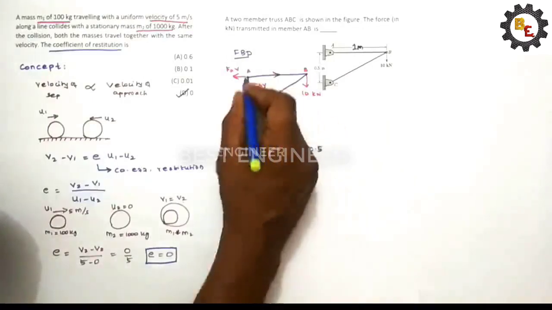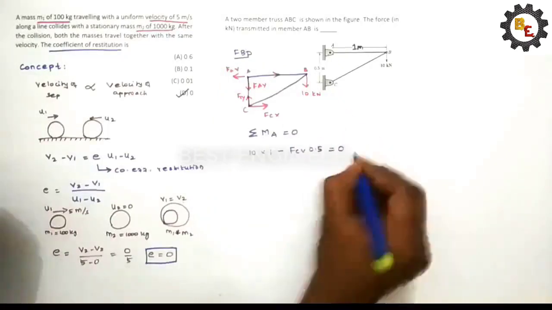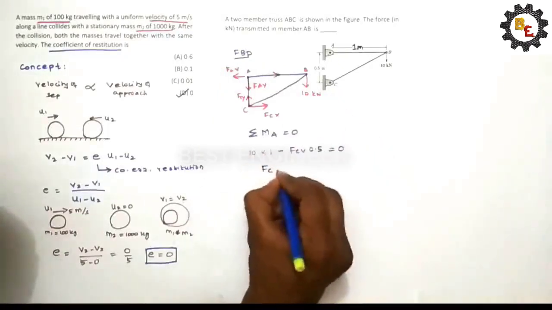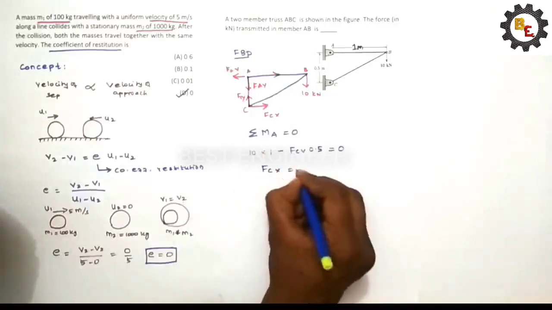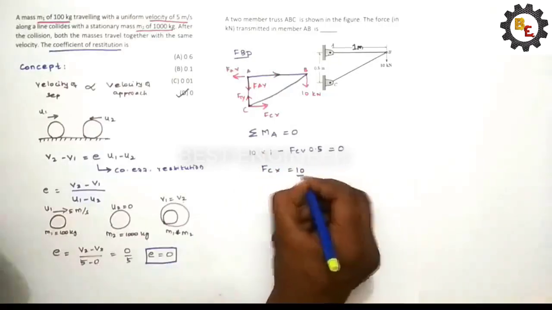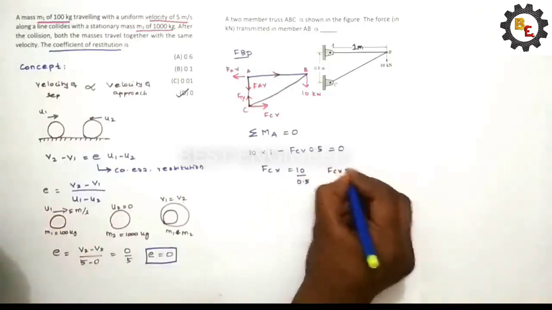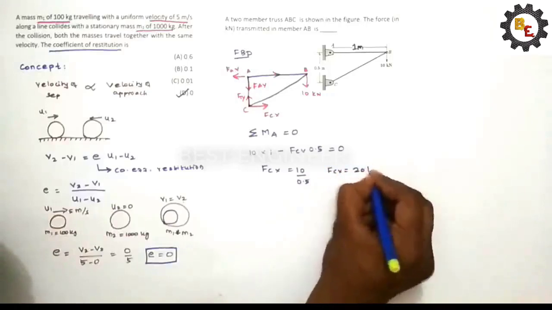There are no other forces creating a moment here, so that equals 0. Now FCX equals 10 into 10 divided by 0.5. So FCX equals 20 kilonewton.